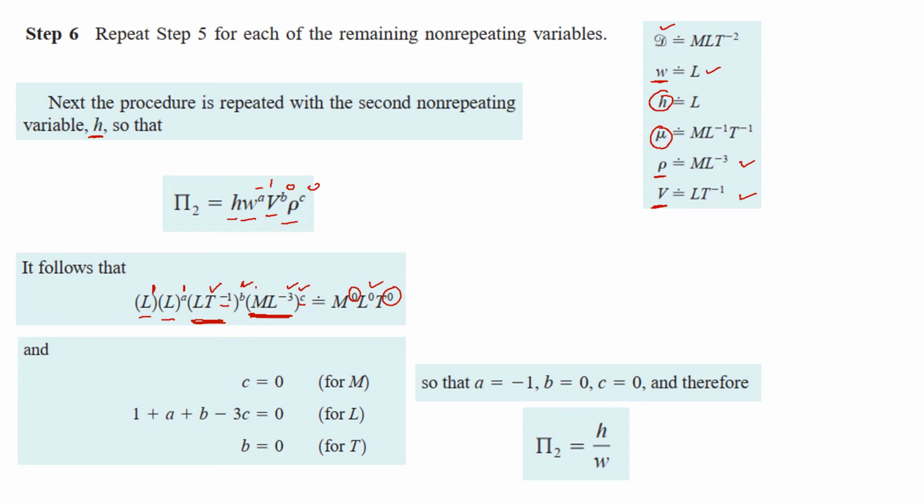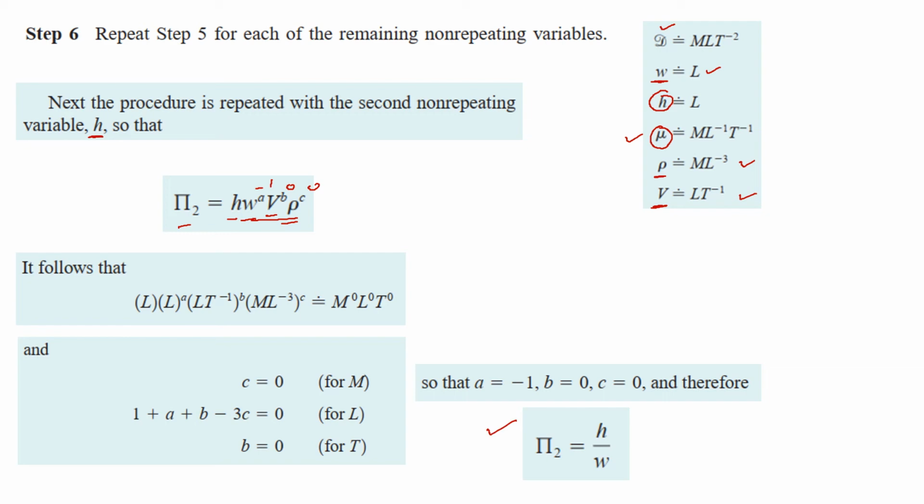So now we have to do this for our next pi term, because in this case we have 3 pi terms. So in that case we will take our next non-repeating variables. In this case the only non-repeating variable that is left is our viscosity, and we will multiply them with the repeating variables and form our pi 3 term, and then arrange it like this.